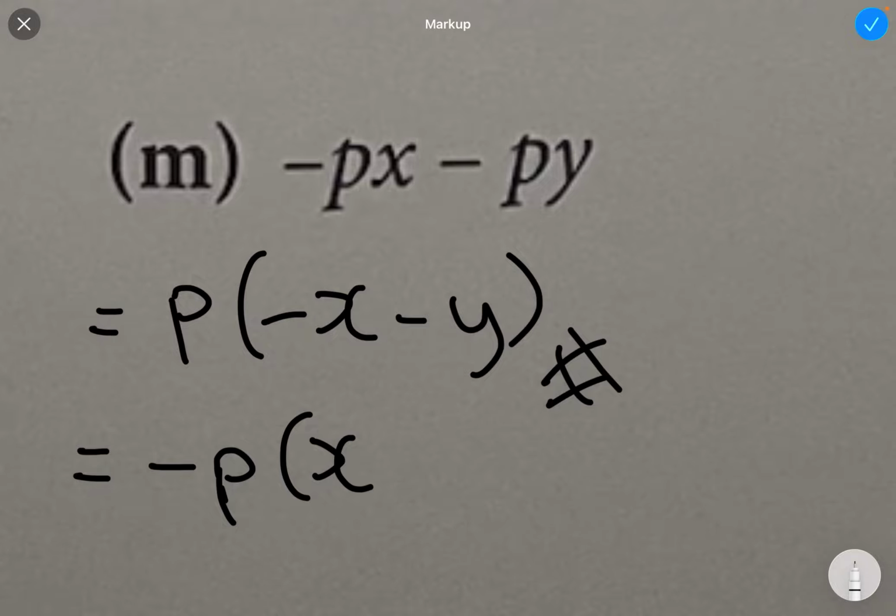Minus y divided by minus becomes plus y. Or you can straight away factorize out negative p. Negative px divided by negative p will be positive x. Negative py divided by negative p will become positive y. But if you start with 2 terms, you must end with 2 terms inside the bracket.